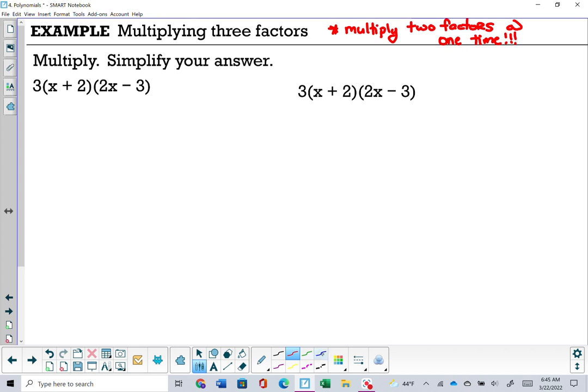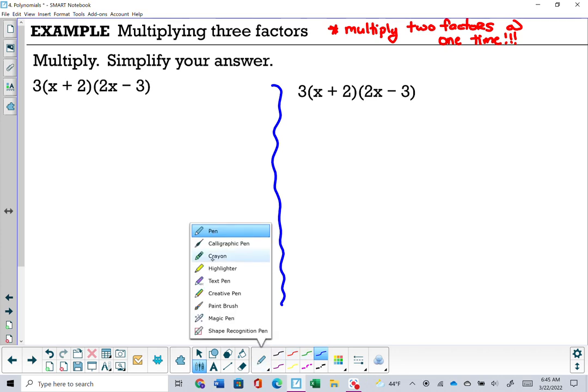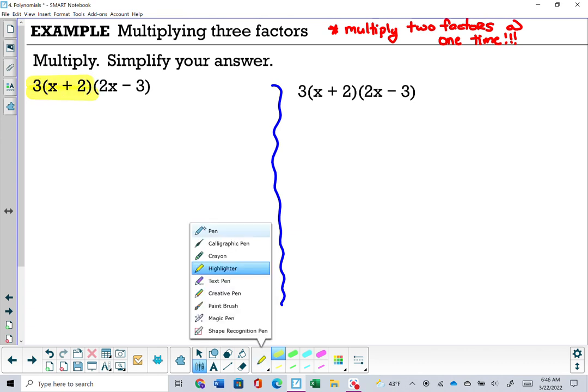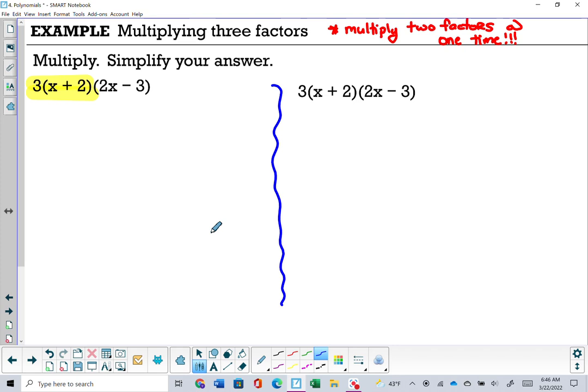So I'm going to do this example one way. I'm going to start with multiplying the first 2 factors, 3 times the x plus 2. And then after I multiply that, I'm going to take my result and multiply that by the 2x minus 3, our third factor.